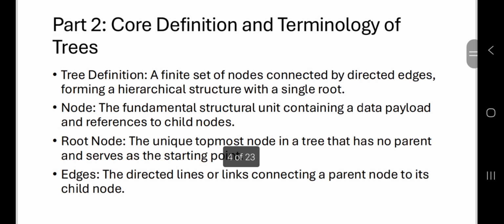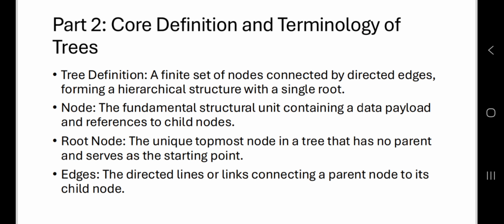Okay, the core definition and terminology of trees. So let's formally define what a tree is. A tree is a finite set of nodes connected by directed edges, forming a hierarchical structure with a single root. A node is the fundamental structural unit.